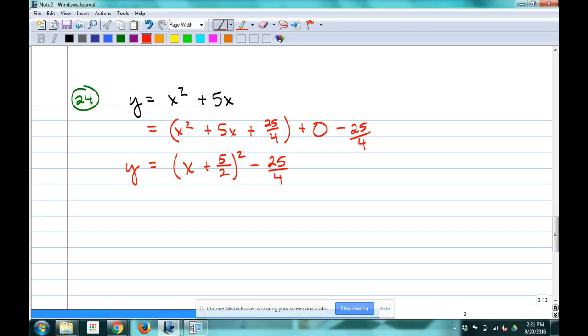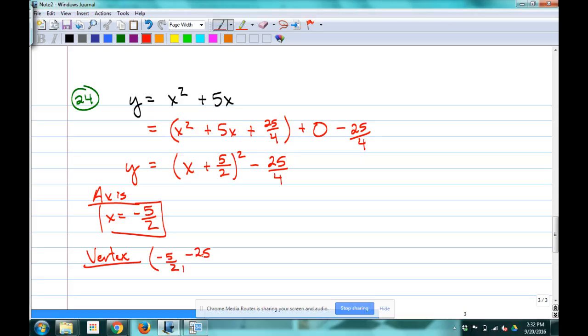Now, from there, you've got both forms to work with, so you can go with whichever direction you want to get those pieces. So you get your axis of symmetry, x equals -5/2, vertex -5/2, -25/4.